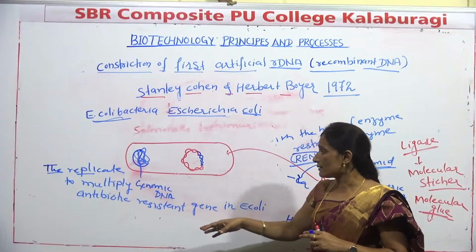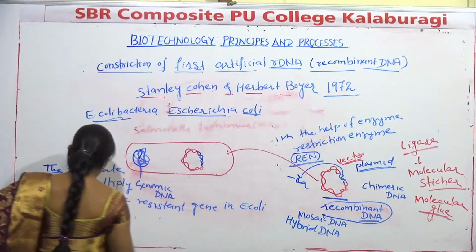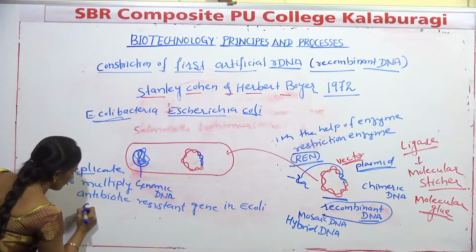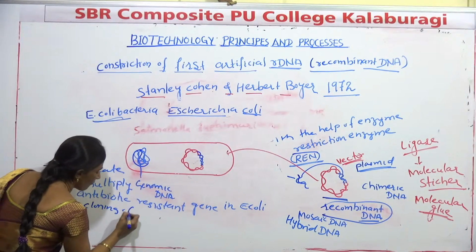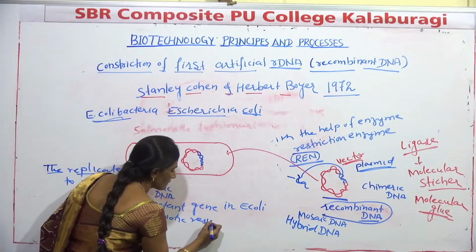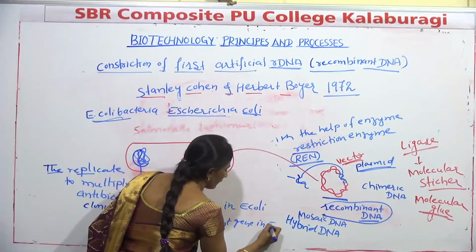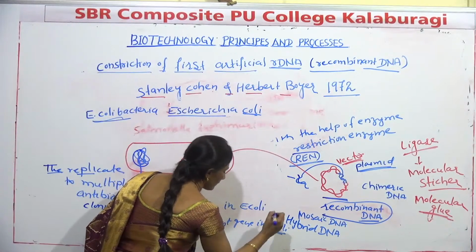That is called as the cloning of antibiotic resistant gene in E. coli. Is it clear?